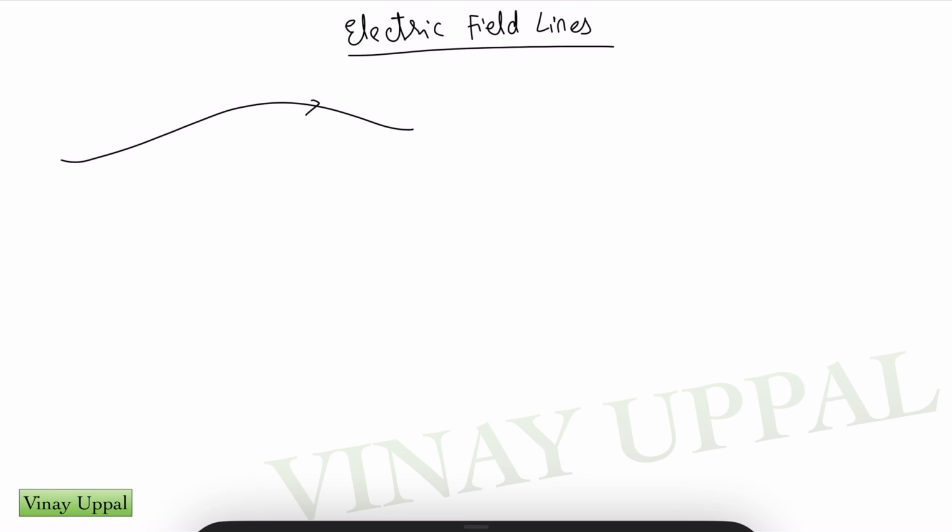Now let's come to the concept of electric field lines. An electric field line is a curve whose tangent at any point gives us the direction of the electric field at that point.